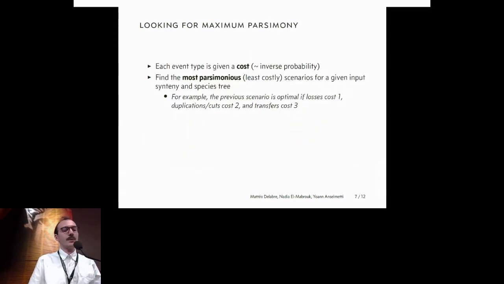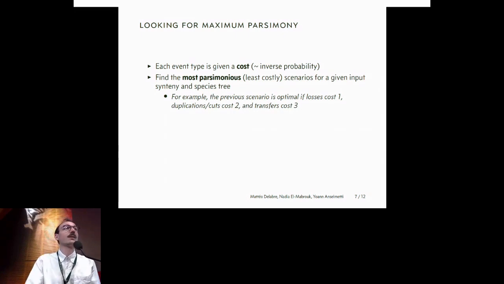But of course, we want to have a rigorous definition for which scenarios are the best explanations. And we take the usual approach of maximum parsimony. So we give each event type a fixed cost, which we can interpret more or less as an inverse probability.